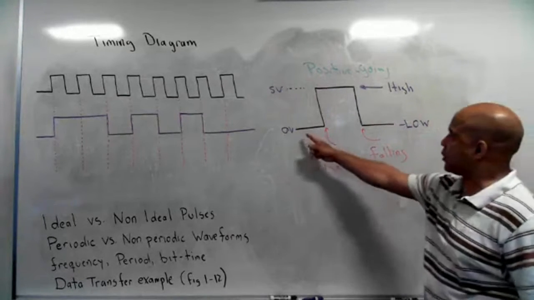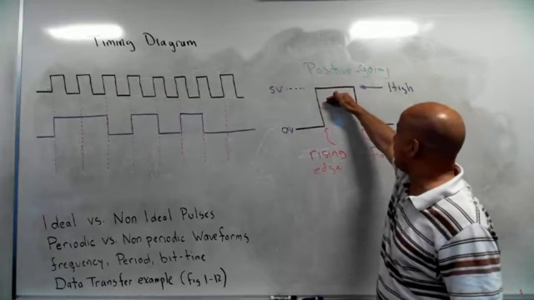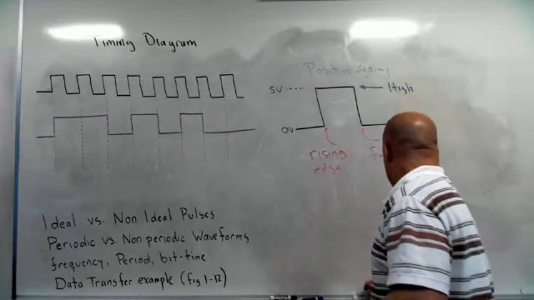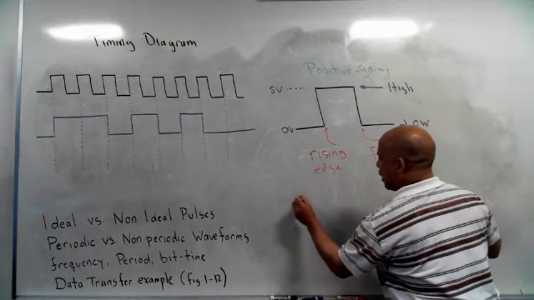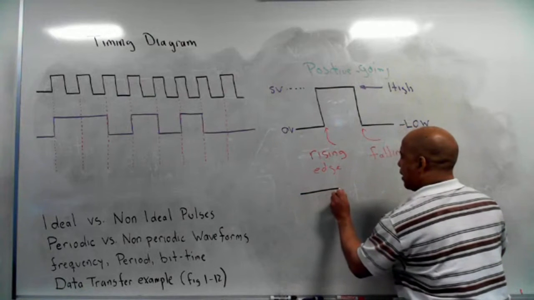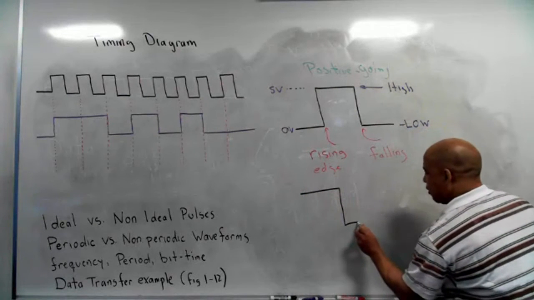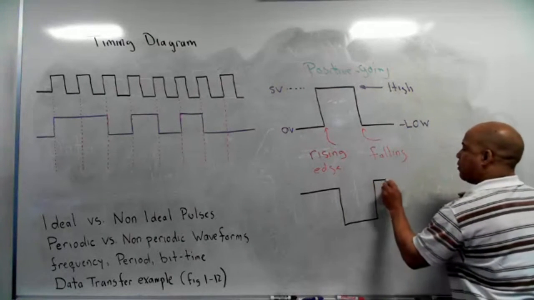If instead of starting at a low voltage, going up to a high voltage for a certain amount of time, and then dropping back to a low, I wanted to, I could do it the other way. I could start off at a high voltage, drop off to a low voltage, stay at that low voltage for a certain amount of time, and come back up to my high voltage.